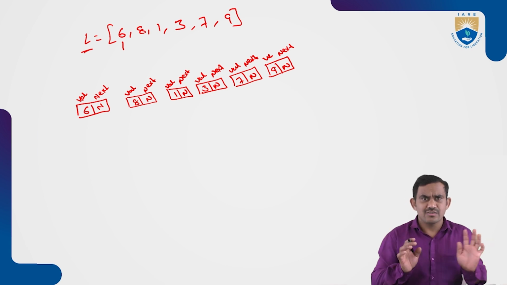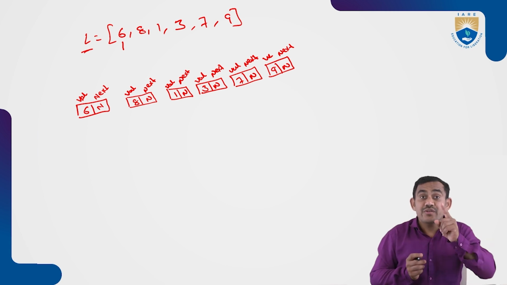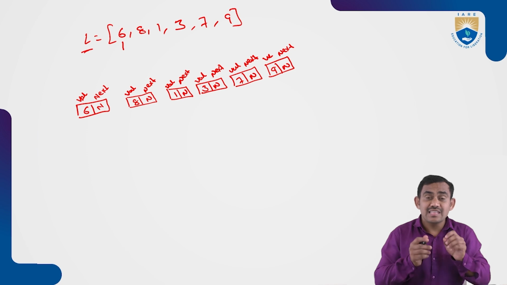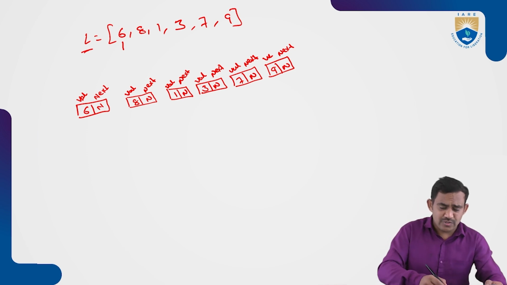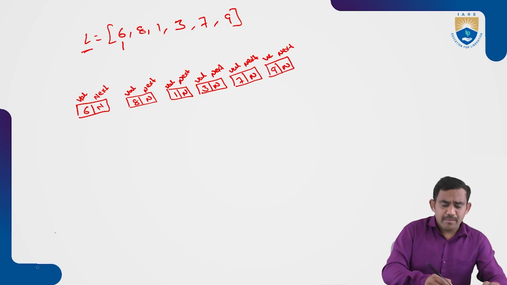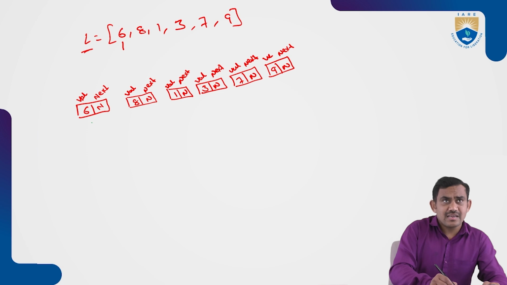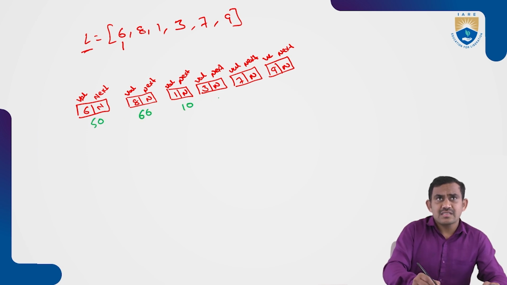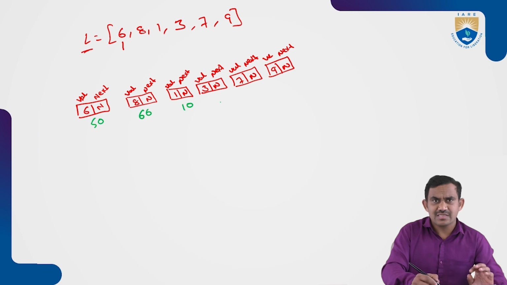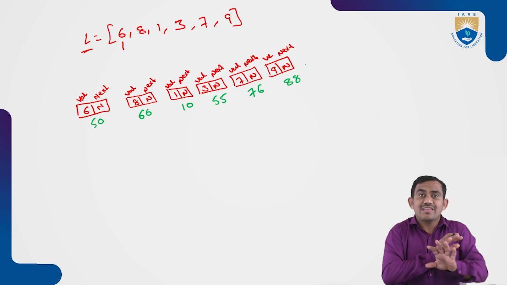So I have created the nodes, but I want to link each node. When you're creating a node, the node has some address. Suppose my addresses are 50, 66, 10. These are random addresses; we can't say what they will be. Suppose 55, then 76 or 88, some different addresses. So I have the addresses.